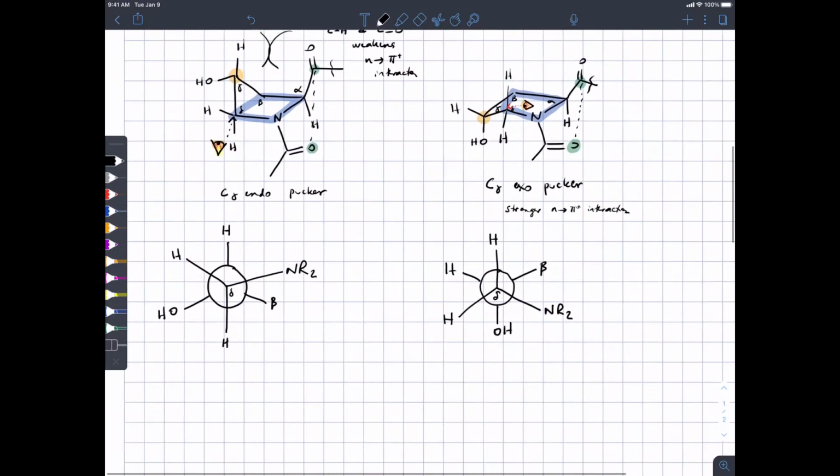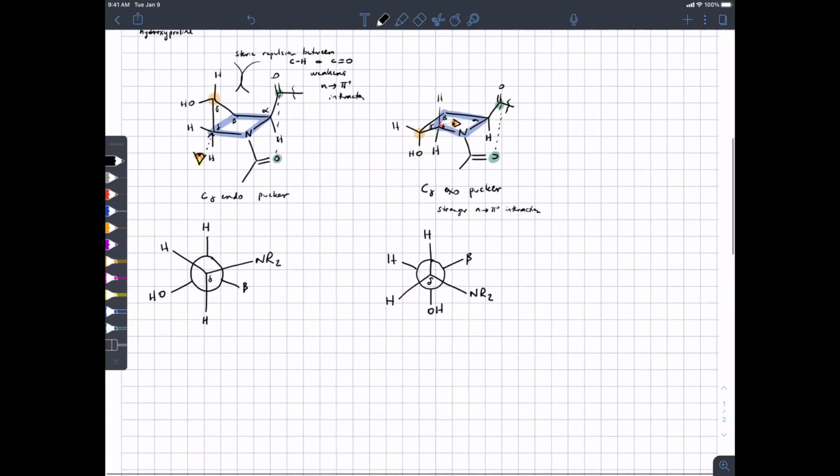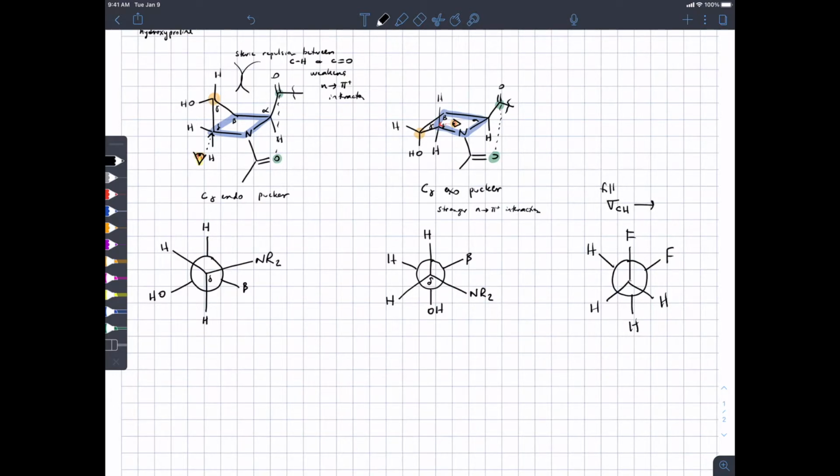So based on what we learned about the gauche effect, let's see whether we can predict which conformation should be more stable. Now remember, the gauche effect occurs, we learned, because in 1,2-difluoroethane we found that having the two fluorines gauche to each other was better because we could have the higher energy carbon-hydrogen filled sigma bonding orbitals overlap with the lower energy carbon-fluorine sigma stars.